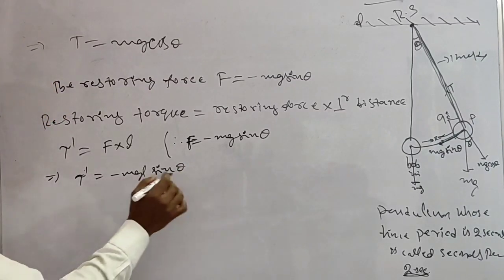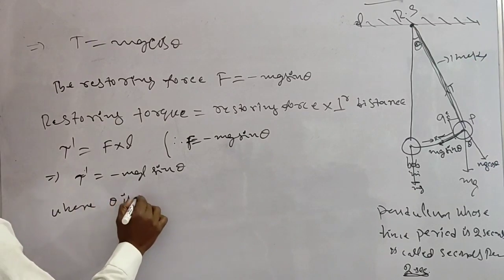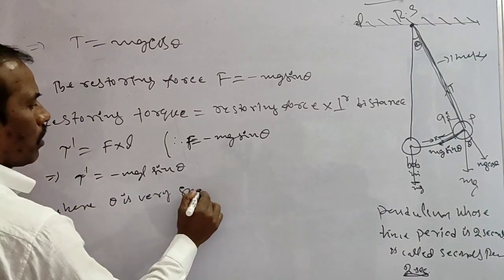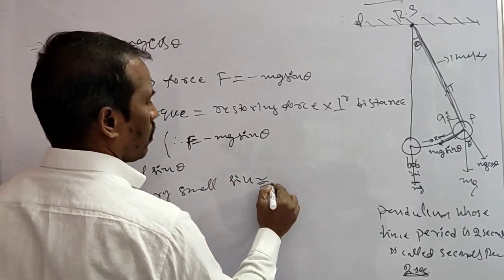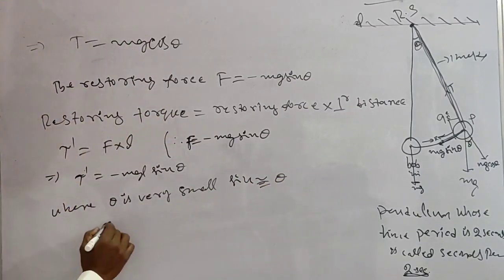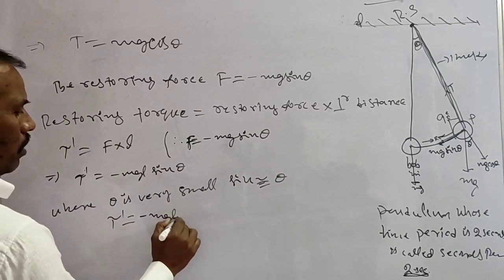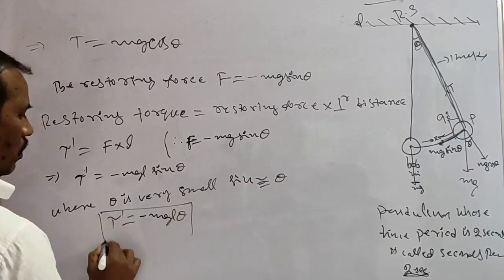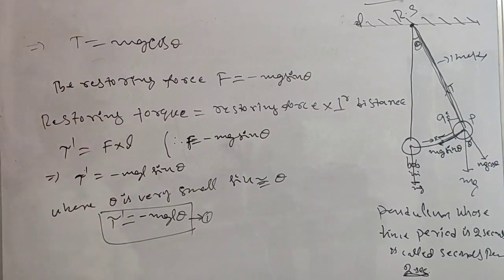Now theta is very small, so sin theta is equal to just theta. Now the restoring torque tau is equal to minus mgL theta. This is equation 1. Note this one as it is.